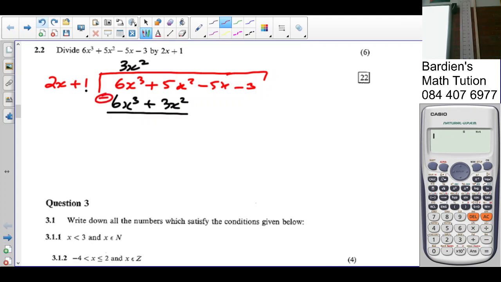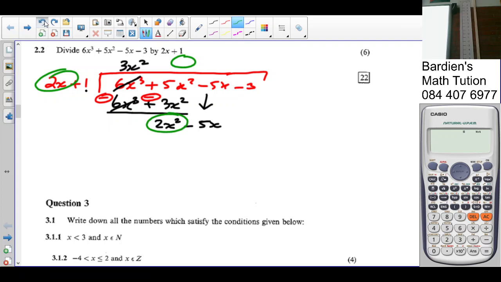Change the signs on the line. So it becomes 6x cubed minus 6x cubed, cancel. That's what we want. 5x squared minus 3x squared is 2x squared. Bring down the negative 5x. Okay. So we ask ourselves again, what must be multiplied by 2x to give us 2x squared?